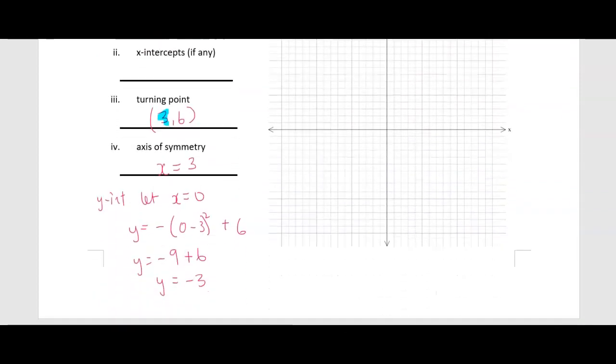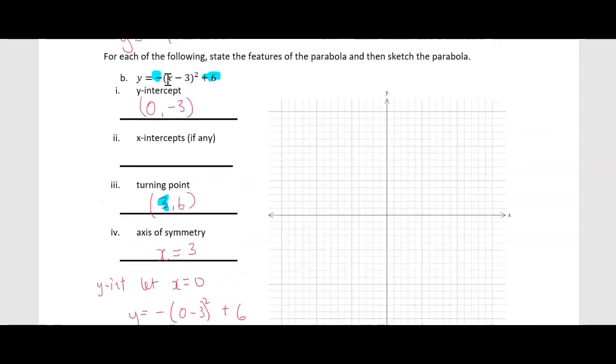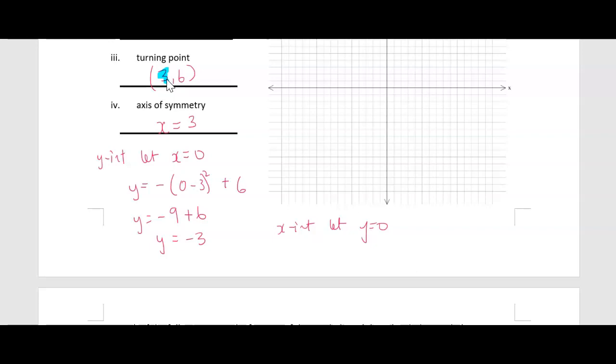All right, so when we're finding the x-intercepts, we let y equal 0, and this is the annoying thing about making it so big. Negative (x minus 3) squared plus 6 equals 0. Whoops, there's a negative there.